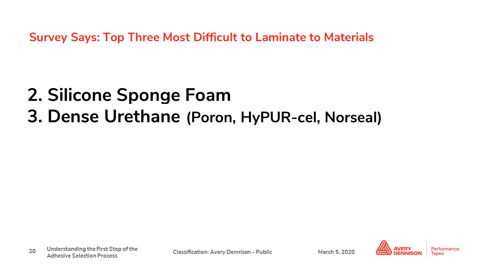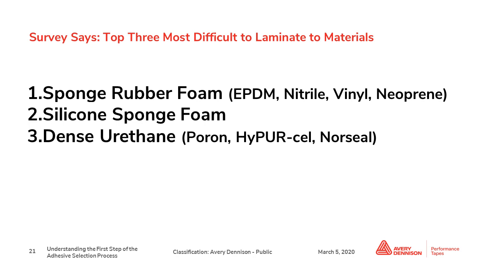Thank you, Scott. So our customers indicate that sponge rubber foams are the absolute most difficult to bond to. Why is that? Well, Deanne, I'll be honest, I was surprised to see this one at number 1, actually. EPDM, nitrovinyl, and neoprene are a rubbery type of foam, and they're used primarily for water sealing.